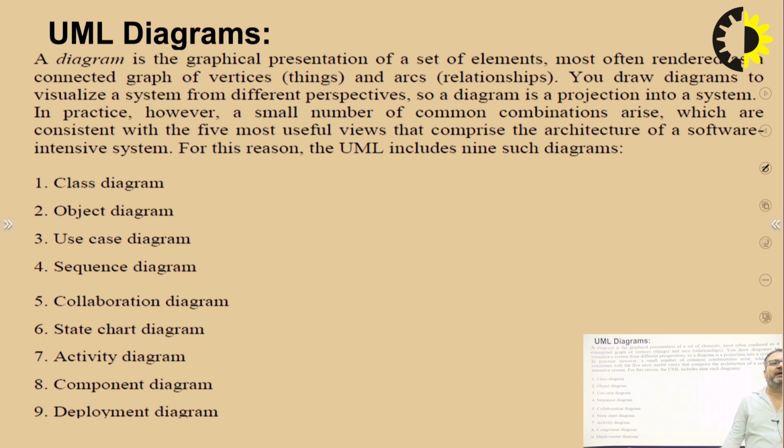These popular diagrams, which we use to draw all those things required to make a prototype or just a model, are called the class diagram, object diagram, use case diagram, sequence diagram, collaboration diagram, state chart diagram, activity diagram, component diagram, and deployment diagram.